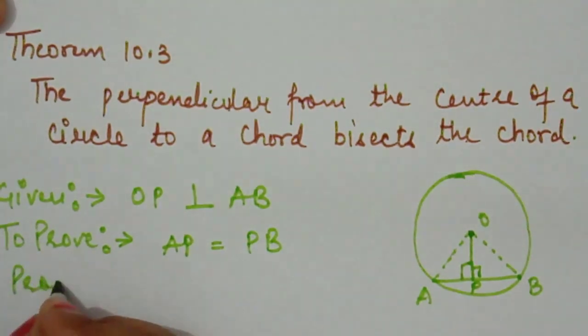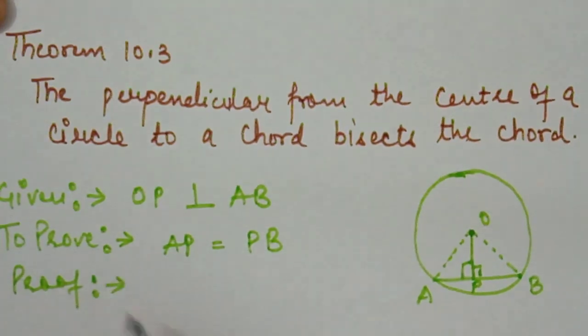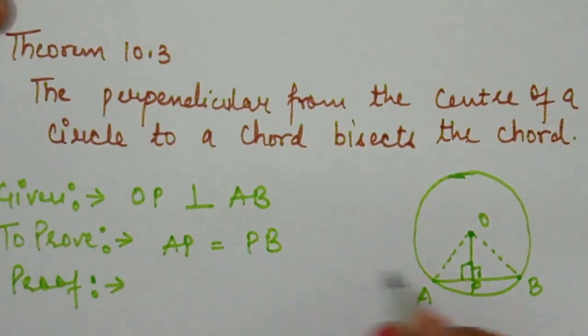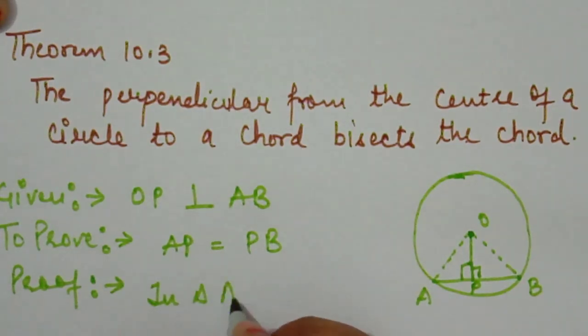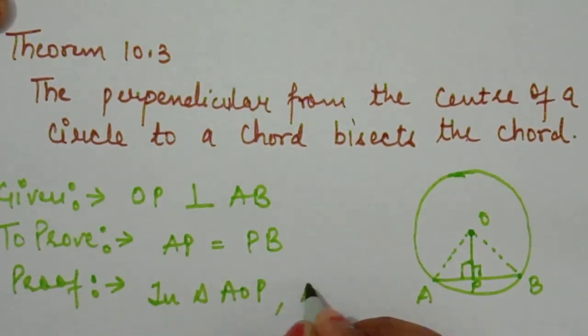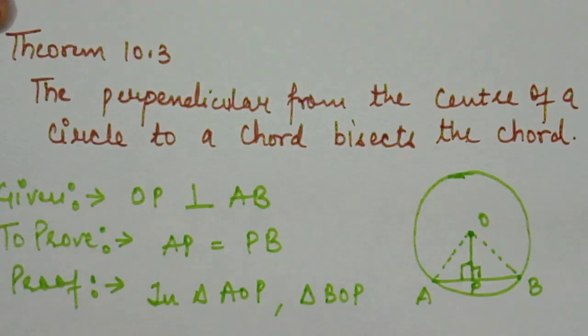What is the proof? First of all, we will take these two triangles and try to prove them congruent. For proving congruency, we need 3 elements. First, we write the names of the triangles: triangle AOP and triangle BOP.